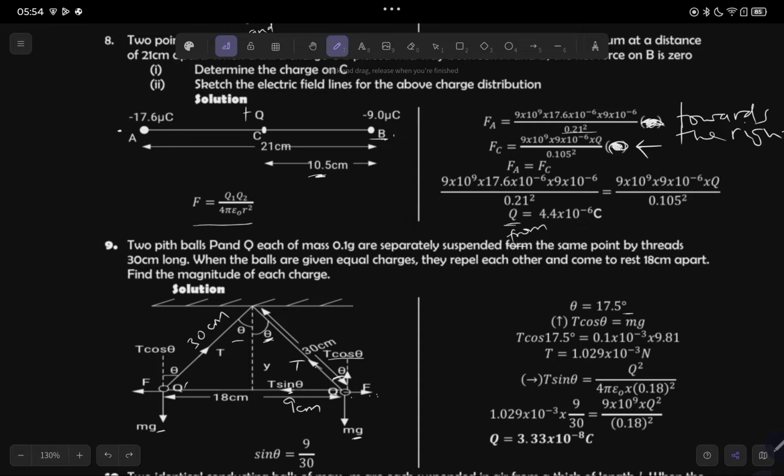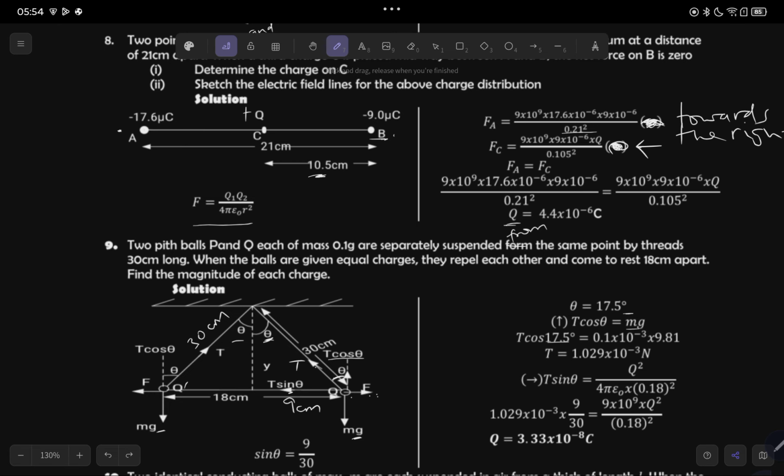We have T sine theta and T cos theta. When we resolve vertically, T cos theta is equal to the weight mg. They have to balance for them to be in equilibrium. Substituting theta as 17.5 degrees, we get the value of the tension as 10.029 times 10 to the power negative 3.